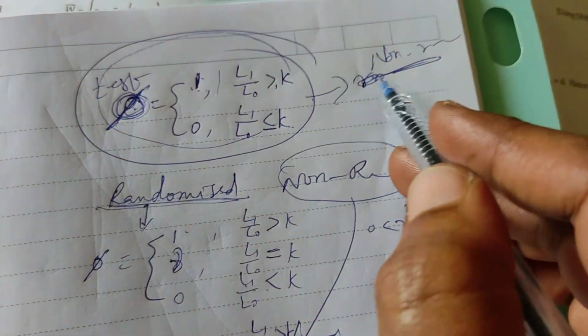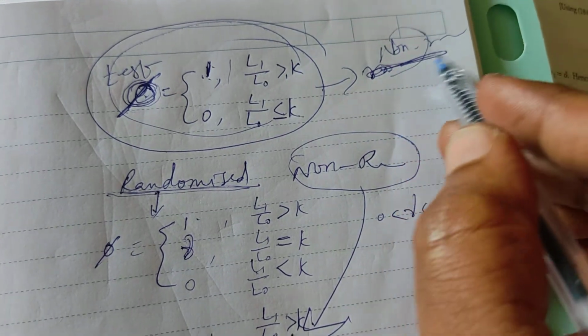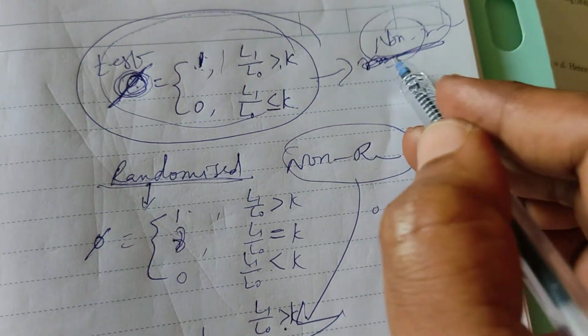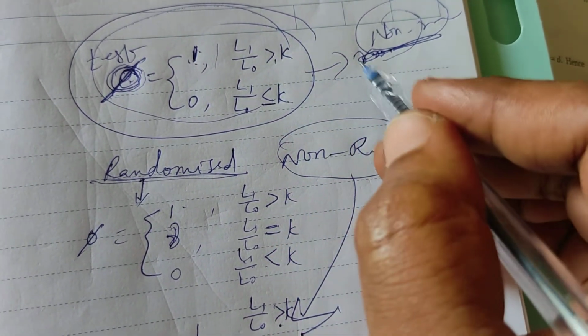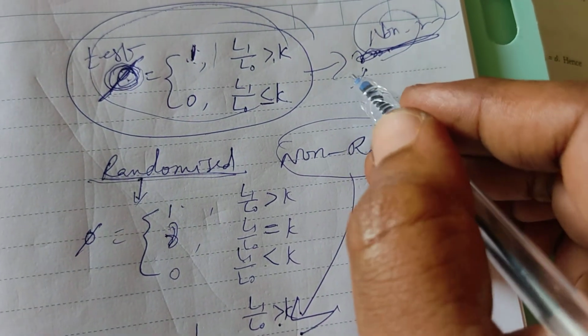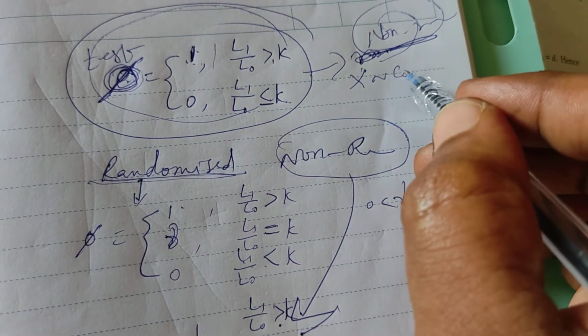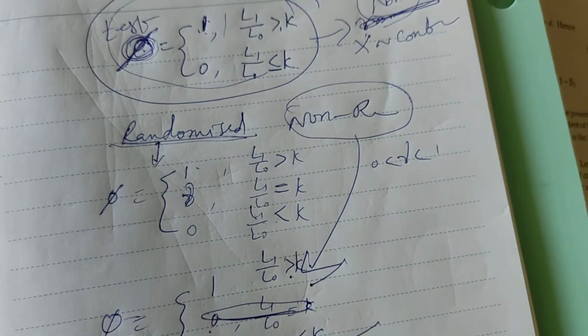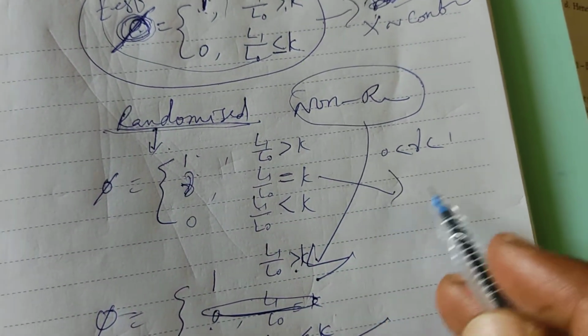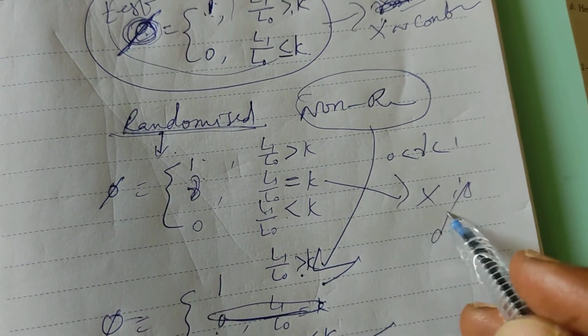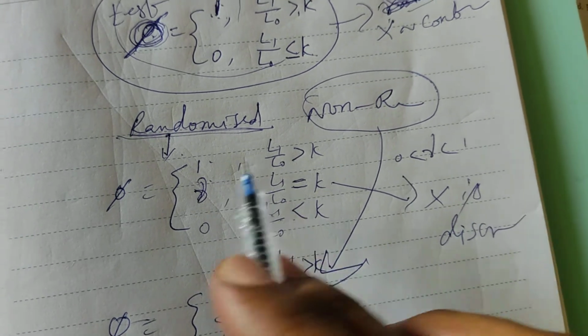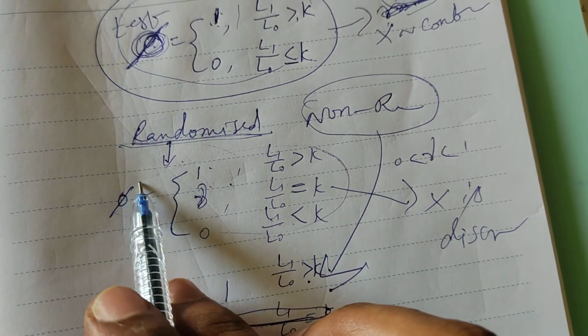In the non-randomized case you will take the density function, which means X is continuous. Random means X is discrete, and here you will take only mass functions.